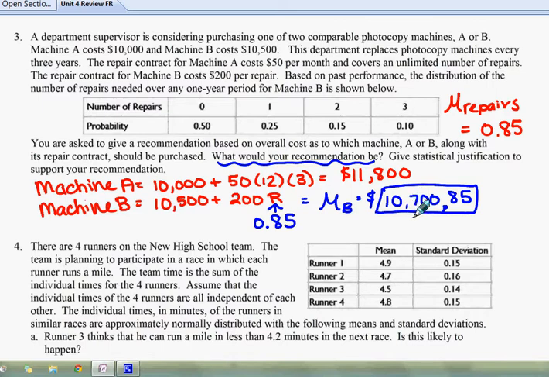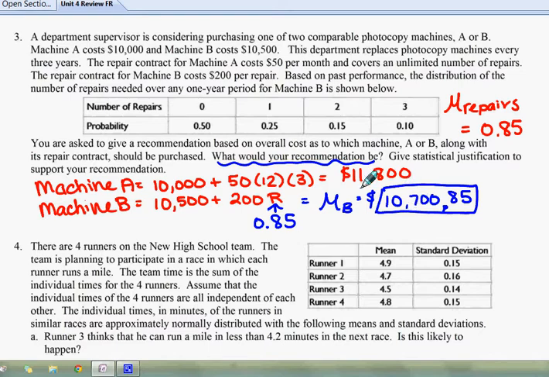Now you could go through and calculate standard deviations and all that, but the standard deviation is going to be significantly smaller, and it's not actually going to get me up to this. I went ahead and calculated it, and the standard deviation of the cost of B ends up to be $202.